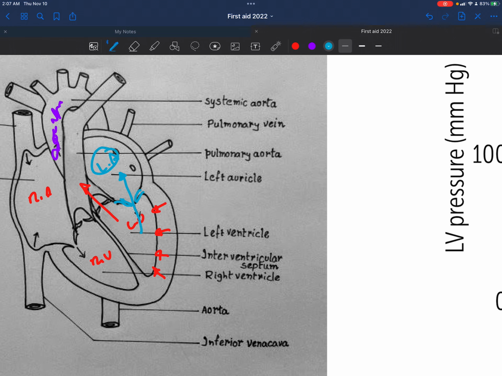Now the left ventricle has two places to push through: the aorta, which is good and normal, and the abnormal backflow through to the left atrium. So the stroke volume is increased because the left ventricle is pushing into two different places.